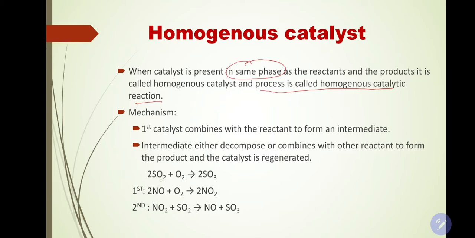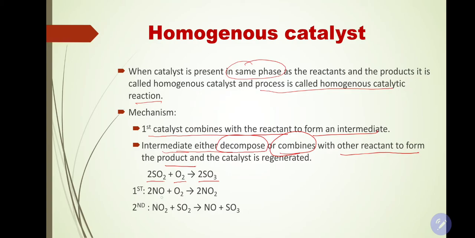So whenever we are studying the mechanism, first the catalyst combines with the reactant to form an intermediate. And what will happen to the intermediate? This intermediate will either decompose or combine with another reactant to form the product. For example, here you can see 2SO2 plus O2 gives 2SO3. So how does this reaction basically take place?